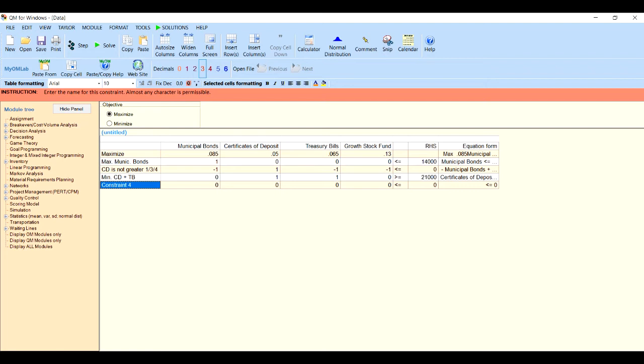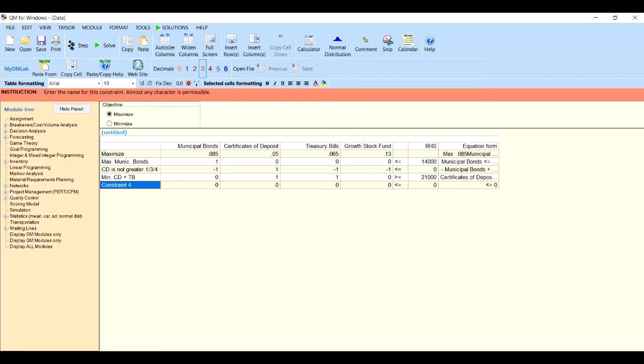And that's okay, because our only restriction was we had to be less than or equal to 14,000. 0 is less than 14,000. This is acceptable. We also know certificates of deposit, we see right here, we're also investing 0.